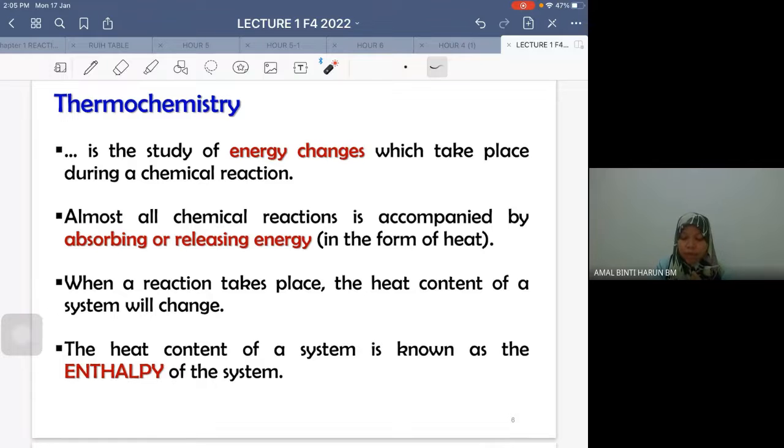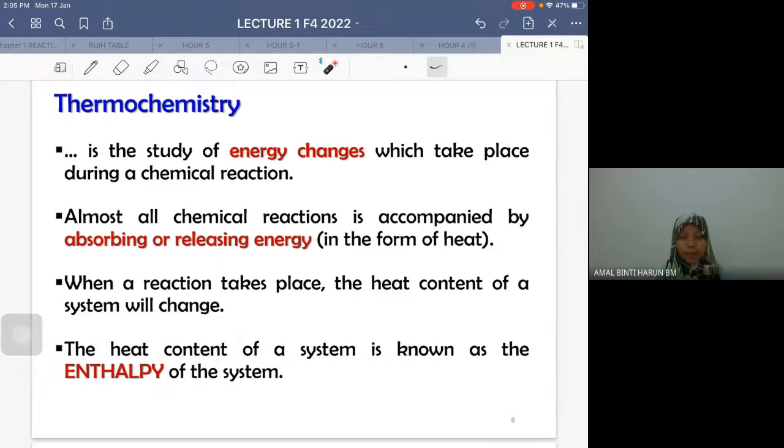So when the reaction takes place, heat content of the system will change. Okay, it's because of the difference of energy of the reactants and the energy of the products. Okay, then the heat content of a system is known as the enthalpy.